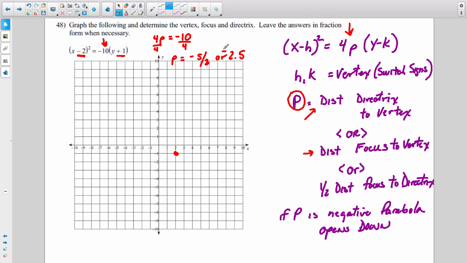Well, I know that the distance from this vertex right here to my focus is going to be 2.5 units. So (2, -3.5). That is going to be my focus. Cool. Very cool.